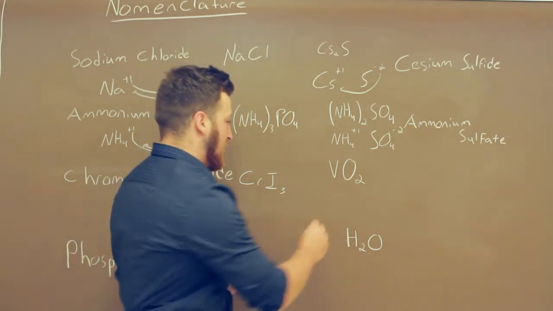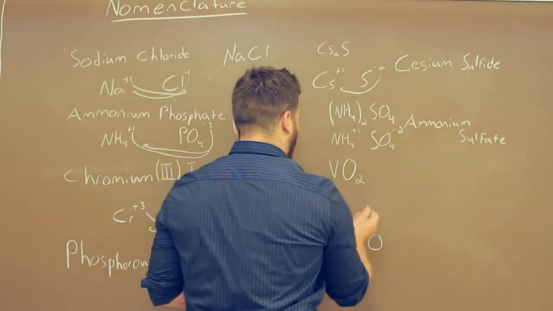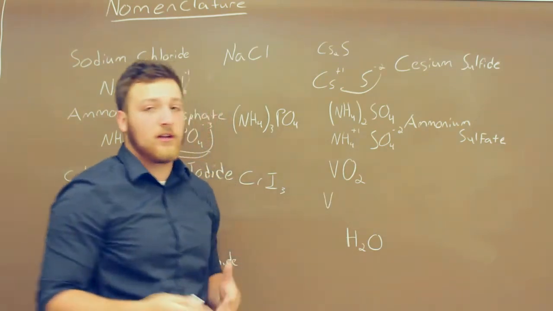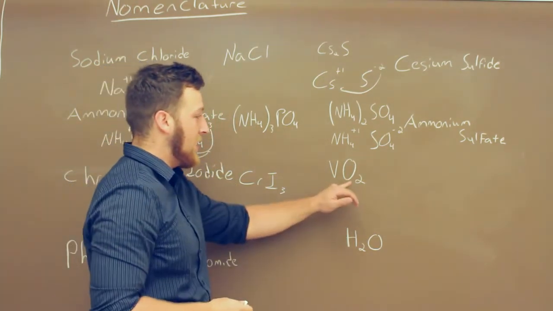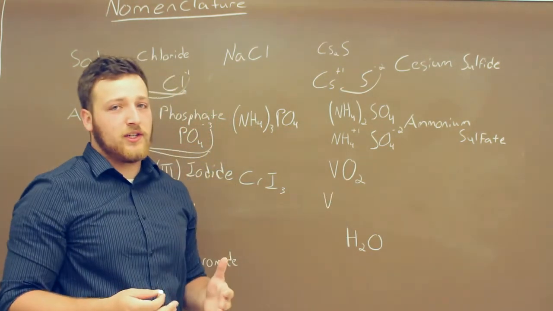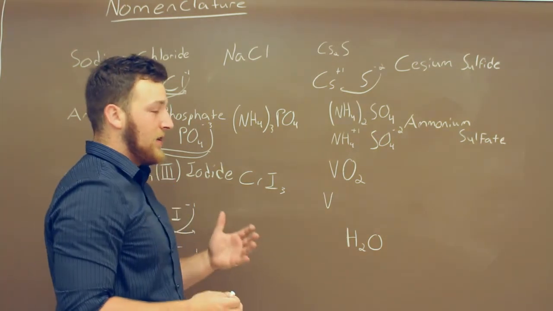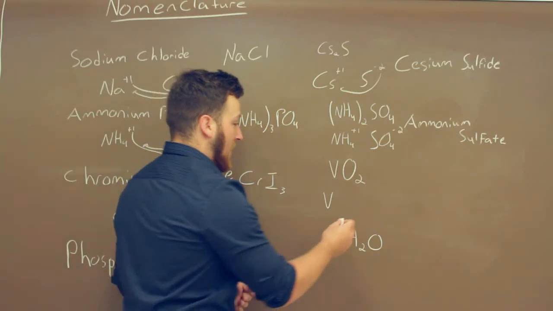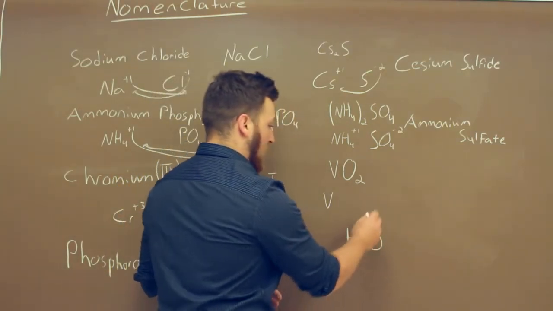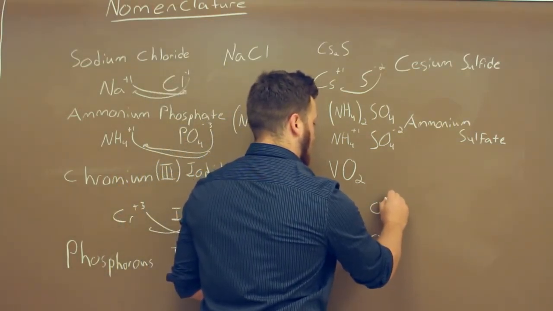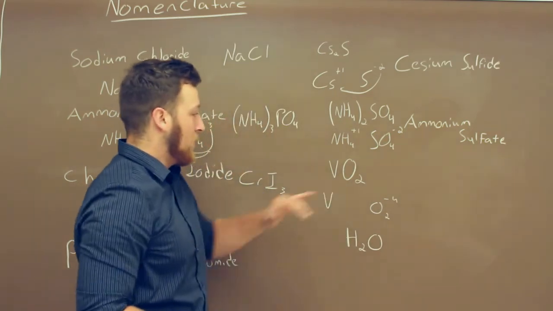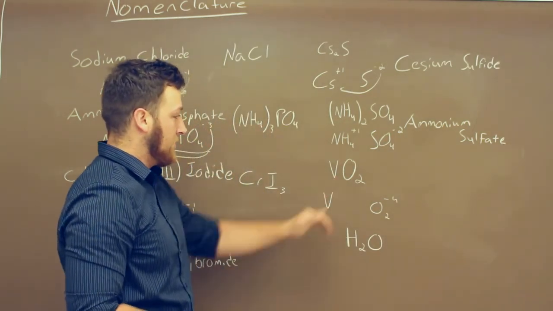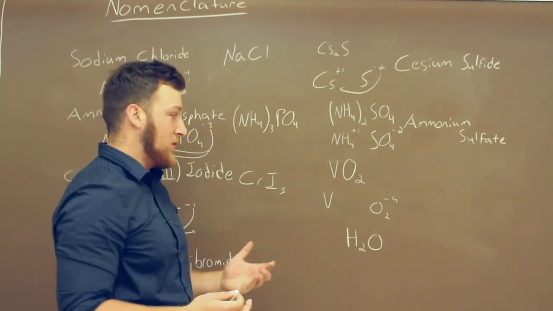In our next example, we have VO2. We know this is vanadium, and we don't know the Roman numeral yet, so we will leave that. Then we have O2. We know oxygen is in group 6A, and it has a -2, and then we have 2 oxygens, so we're going to have a total of -4. So I'll just write O2 -4. We don't have any subscript for vanadium, so we know there's only 1.